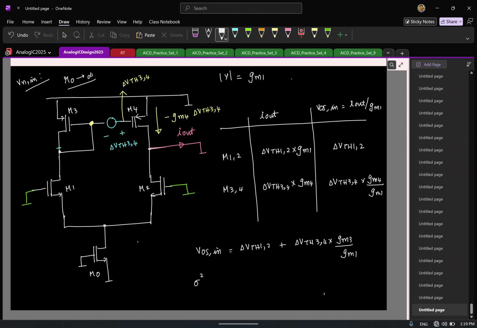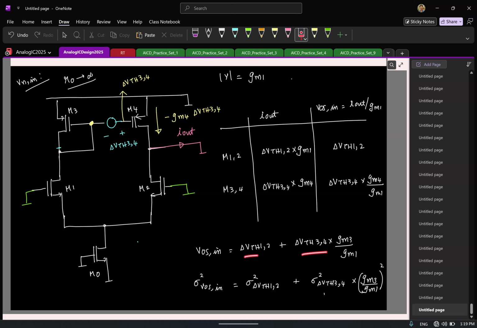So if I try to find the standard deviation or the variance here, that will basically be the sum of the variances of the individual quantities. Just like in noise, right? The overall power spectral density was the sum of the individual power spectral densities because they are uncorrelated and have zero mean. By the same argument, these are also random variables. They are also uncorrelated and have zero mean. So their mean squared value or variance here is the sum of the individual variances.